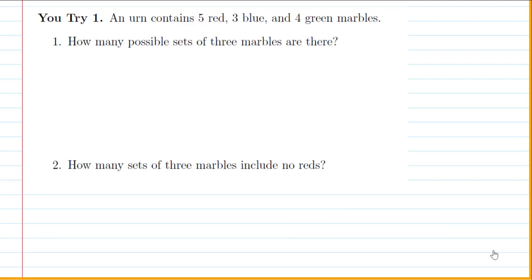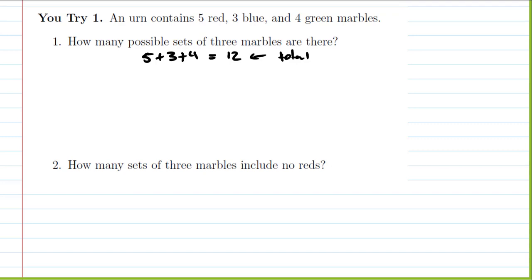So how many possible sets of marbles would there be? Well, how many marbles do we have total? We have 5 plus 3 plus 4 gives us 12 for our total. And then how many marbles are we trying to select? 3. So we want to select sets of 3.